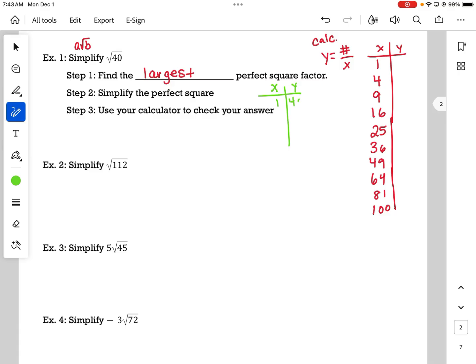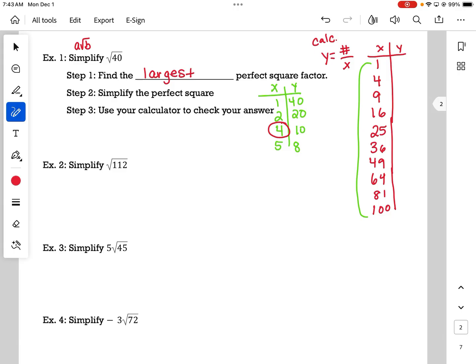We had 1 times 40, 2 times 20, 4 times 10 and 5 times 8. Those were the factors of 40. And so we're looking for one of these. And so the only one is 4.